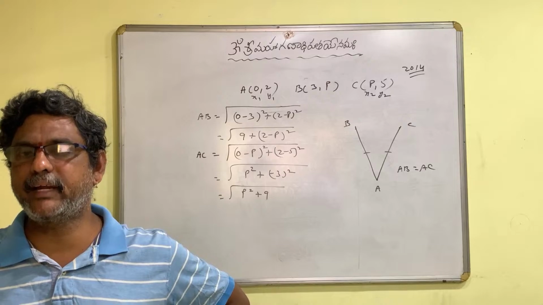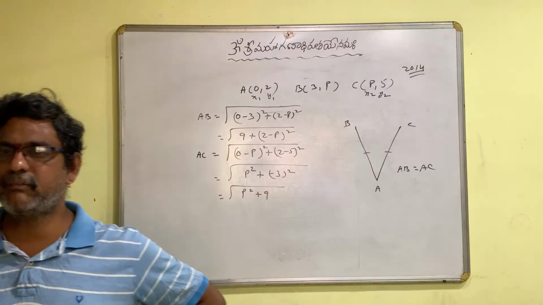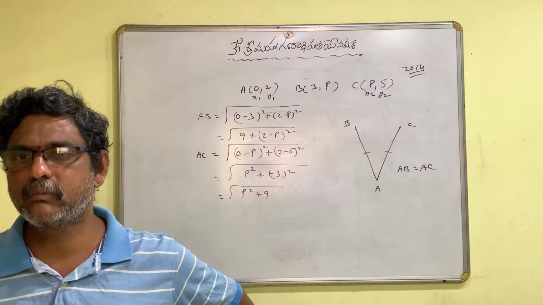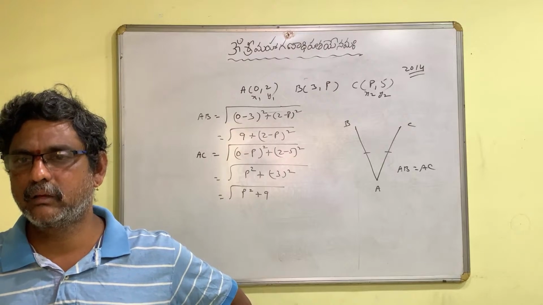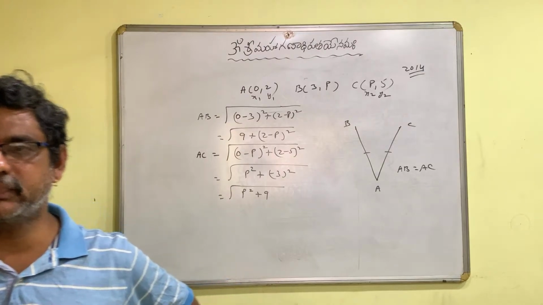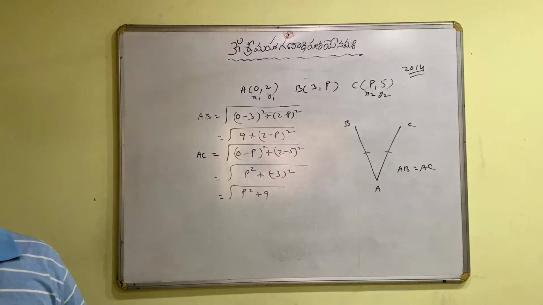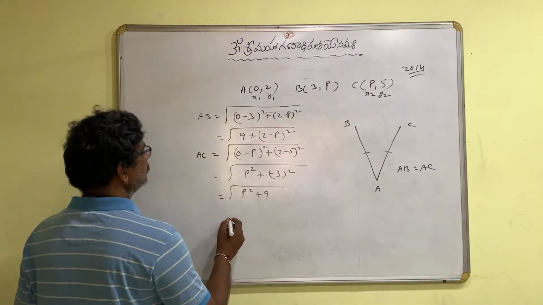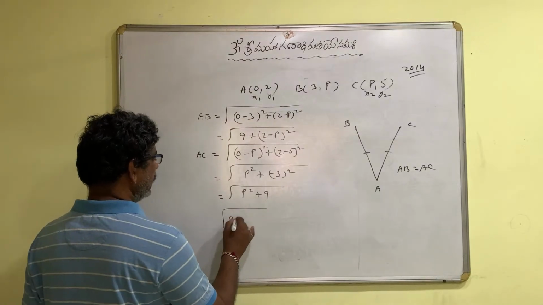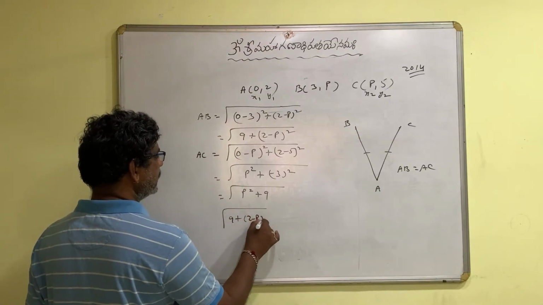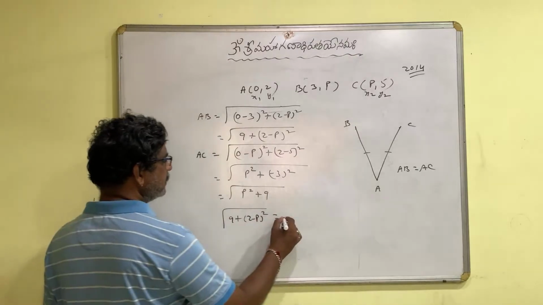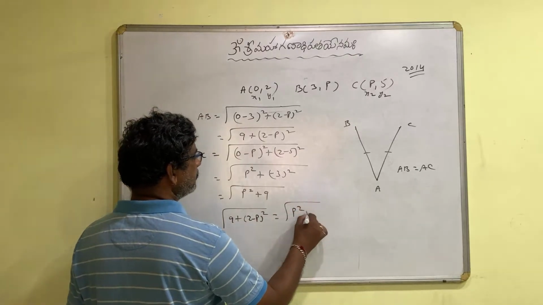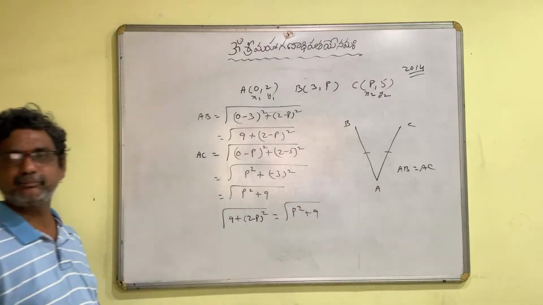After finding the distances, what we have to do? Yes, we need to equate both the distances. So root over 9 plus 2 minus p whole square is equal to root over p square plus 9.